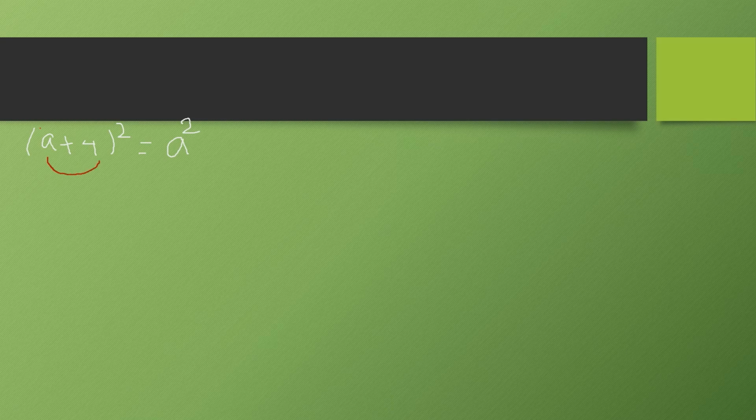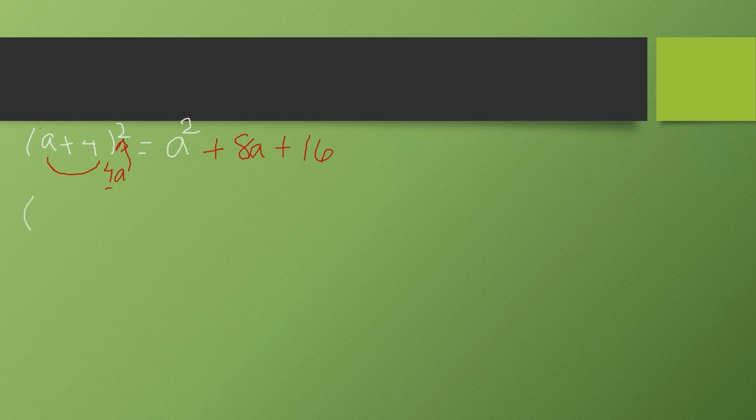Then multiply 4a by 2, the result is 8a. Plus, square the last term. Our last term is 4, and 4 times 4 is 16. Now, the square of a plus 4 is a squared plus 8a plus 16.